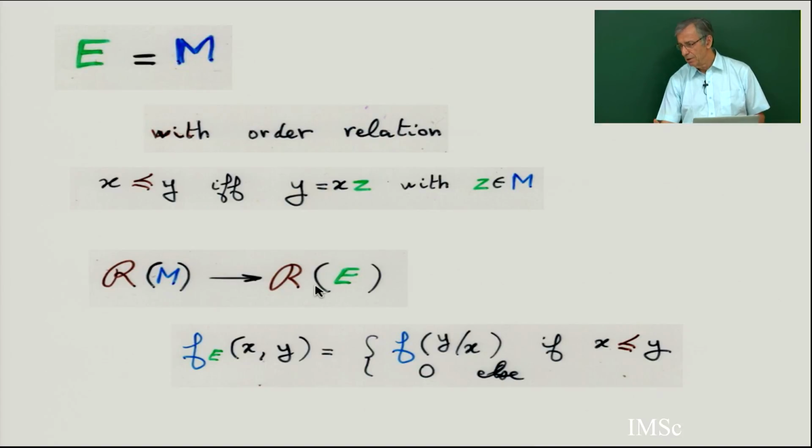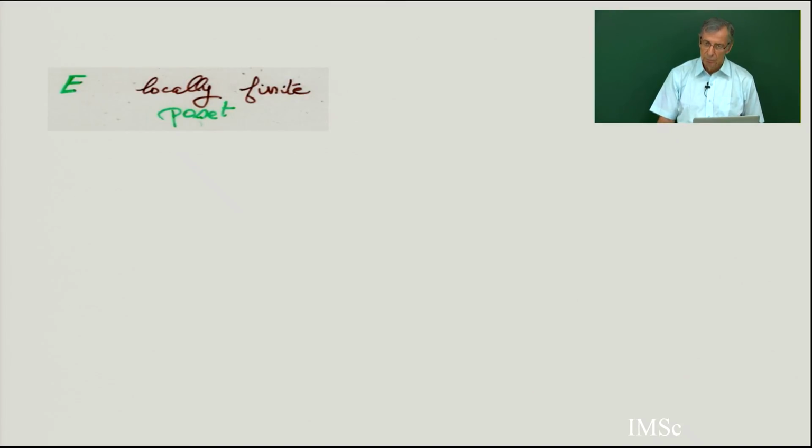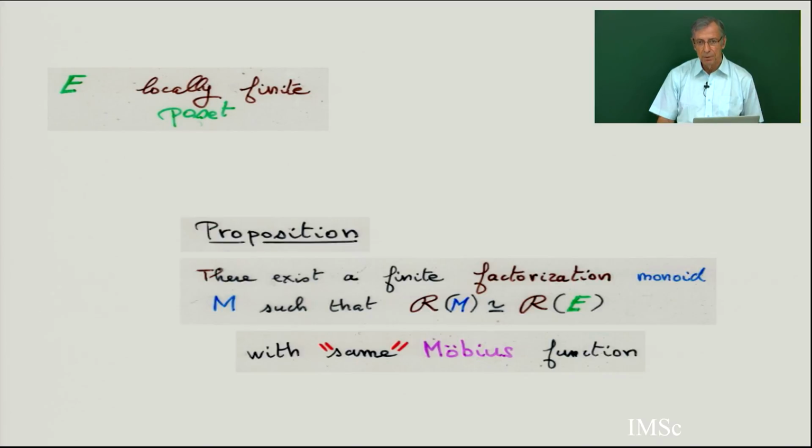And the poset is locally finite if the monoid is a finite factorization monoid. So for a certain monoid, you just order the elements so that one is a left factor of another one. In terms of the heaps monoid, a heap is a left factor, a sub-heap, of the other one. So E is a locally finite poset.